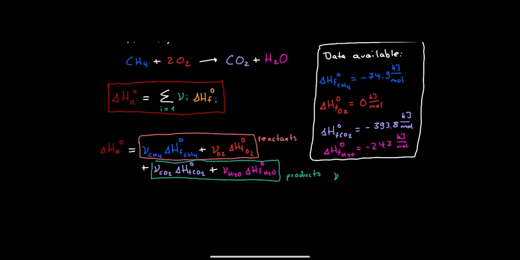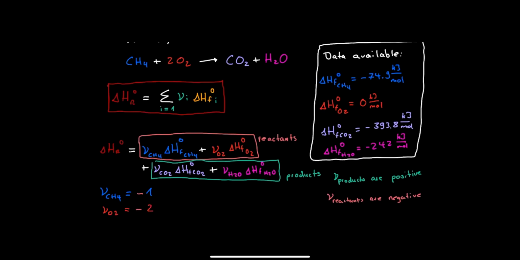The stoichiometric coefficients of the products are positive, and the stoichiometric coefficients of reactants are negative. So the stoichiometric coefficient of methane, because it's a reactant, is equal to -1, and the stoichiometric coefficient of oxygen is going to be equal to -2.